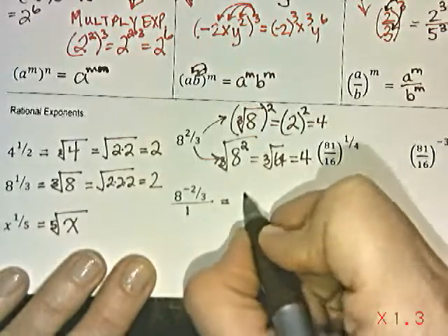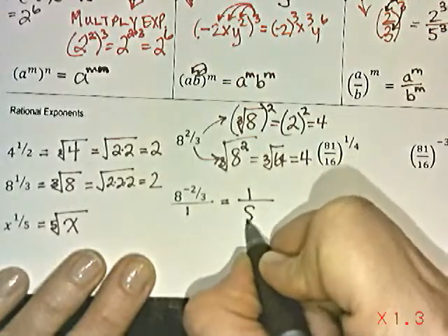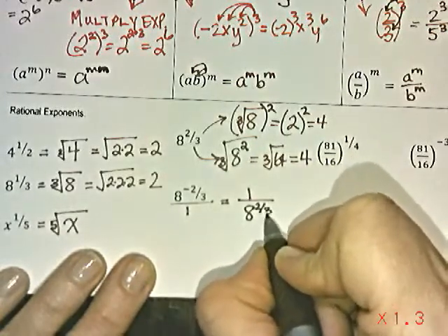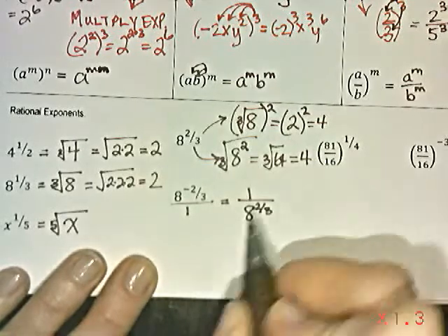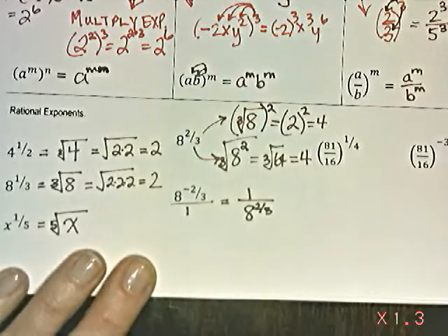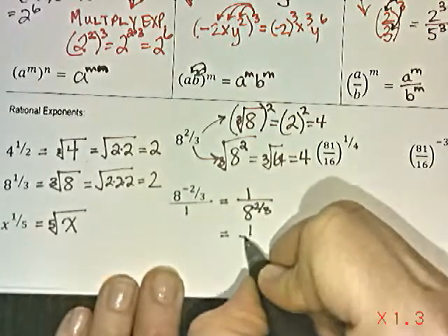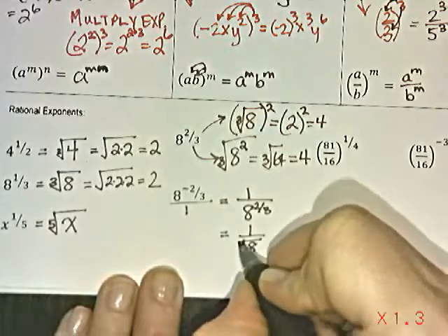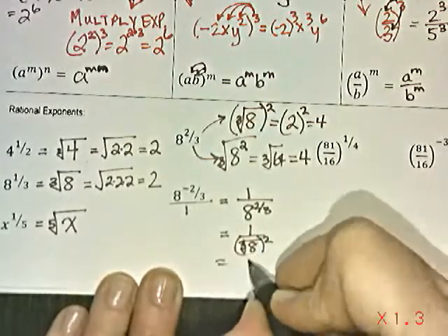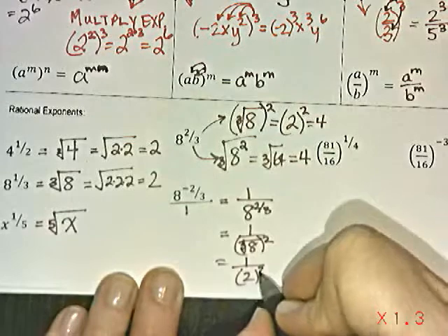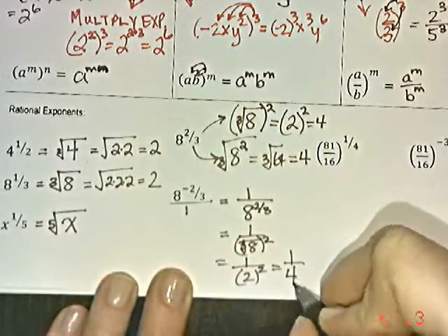This set of leftover 8s was down in the denominator, and so I simply transfer it down into the denominator and change that now to a positive exponent, indicating that it's in the proper part of the fraction. So, again, we'll take the third root of 8 first, the second power. The third root of 8 is a 2 squared, and so I get a 1/4.